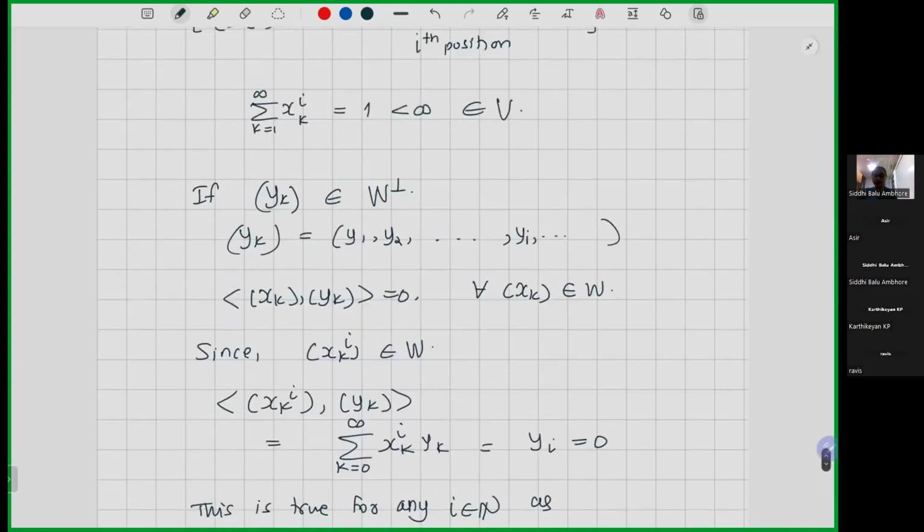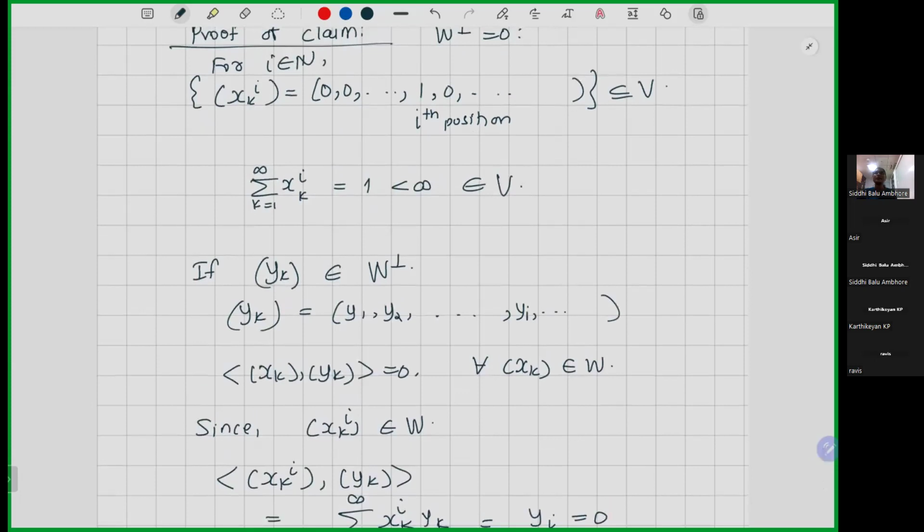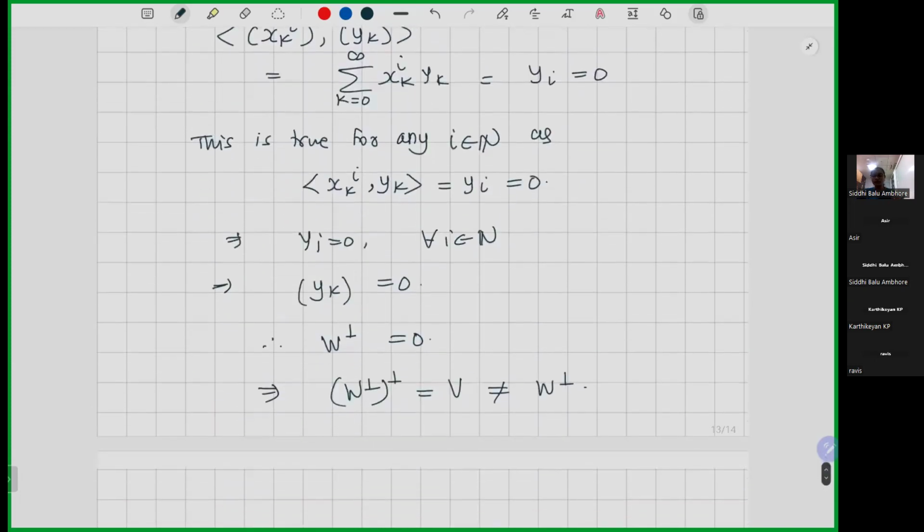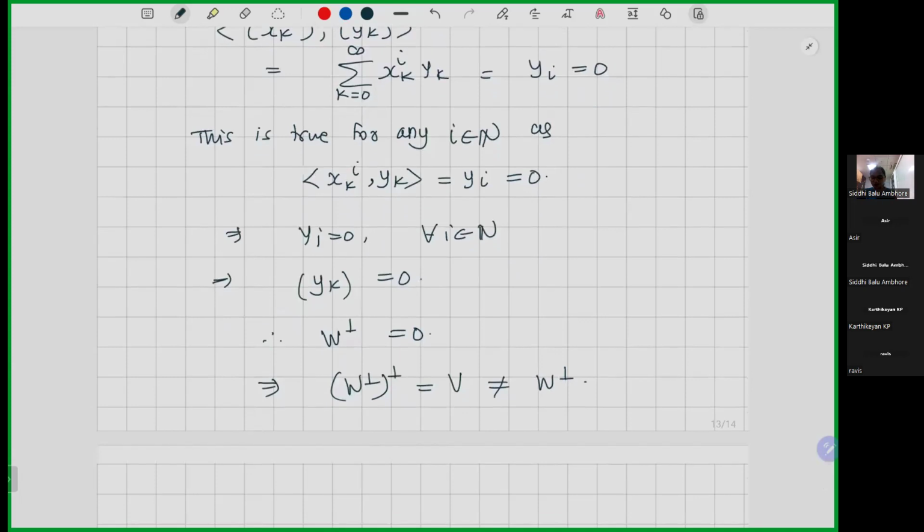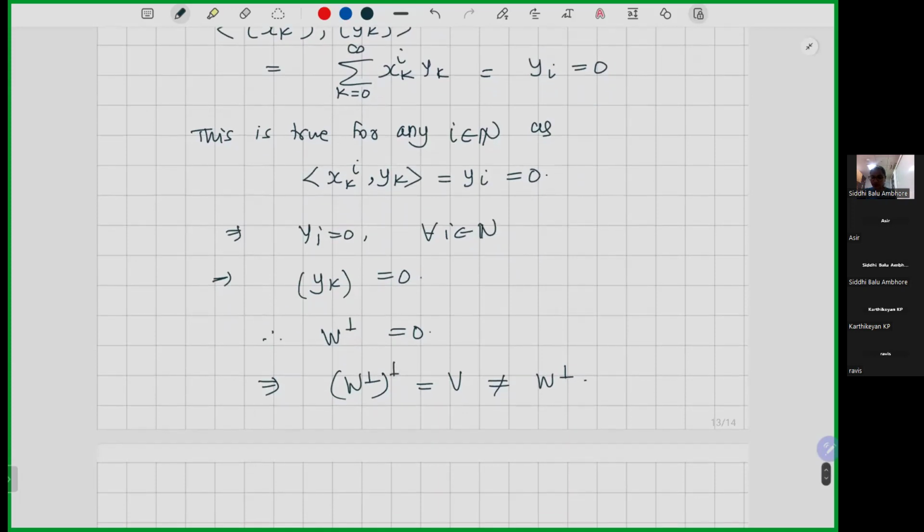I mean, at least you got that in this case, W perp is 0 and W perp perp will be V, which is not equal to W. This we know for any V, 0 perp is the entire V. Because the inner product of 0 with anything is 0, so it gives us the entire vector space. Is it okay?